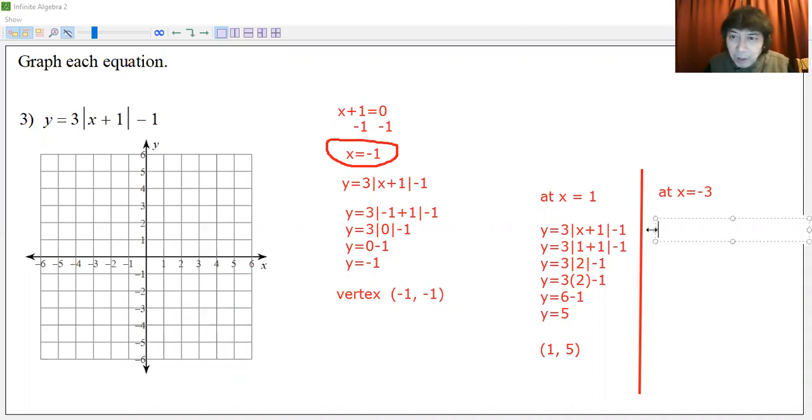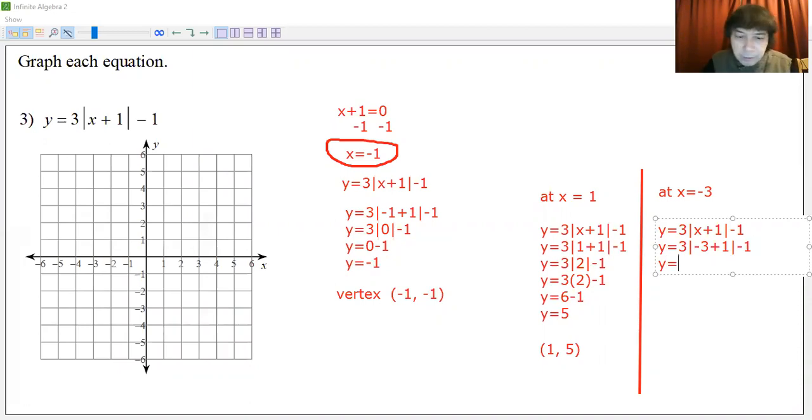All right, we begin again with our given function 3 absolute of x plus 1, okay, minus 1. And so we continue with y is equal to 3 times negative 3 plus 1 minus 1.